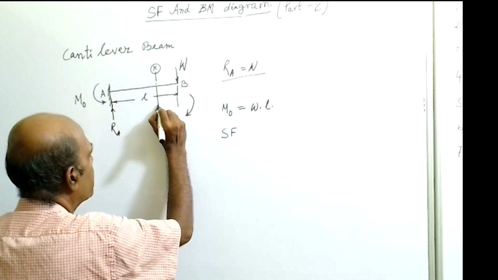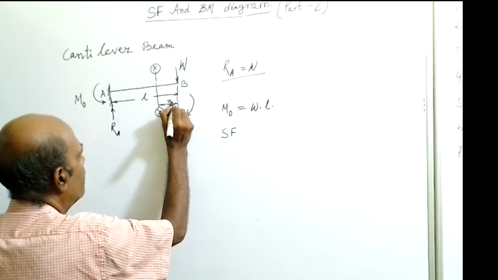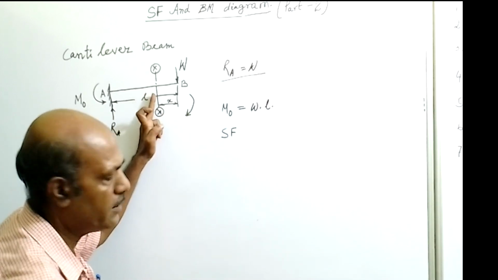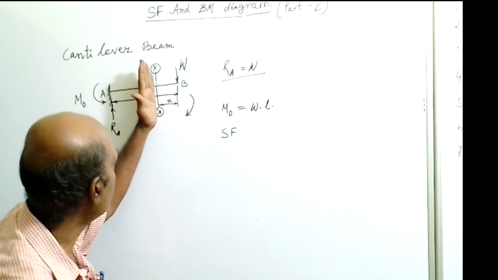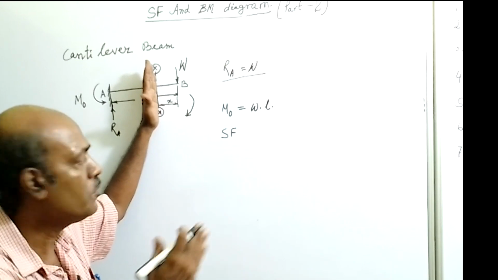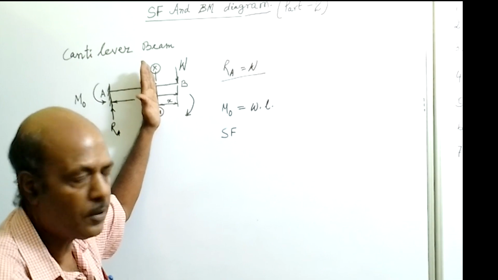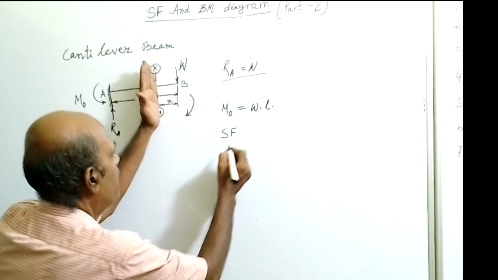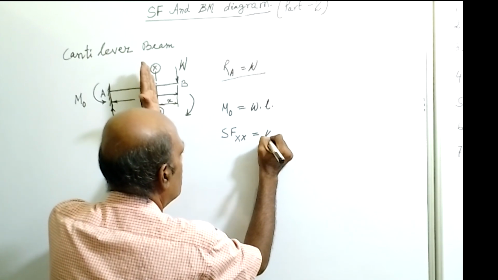Now the shear force at this section, as per the definition, is the algebraic sum of all vertical loads acting to one side of the section. We are considering the right side of the section. What vertical loads are acting? Only the W load is acting. So the shear force at XX is W.